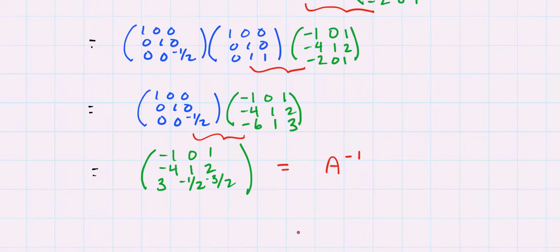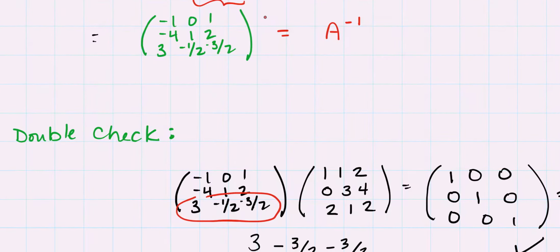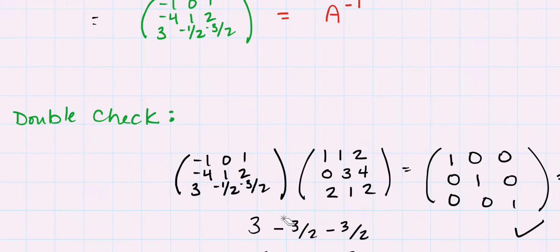Now the next thing you should do is double check that you got the right answer. So you want to see that if you take this inverse matrix that you found and multiply it with the original matrix, you indeed get the 3 by 3 identity matrix. And so I've done this here.